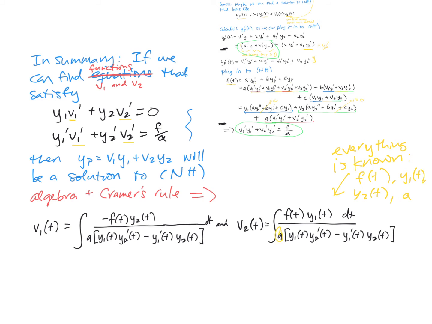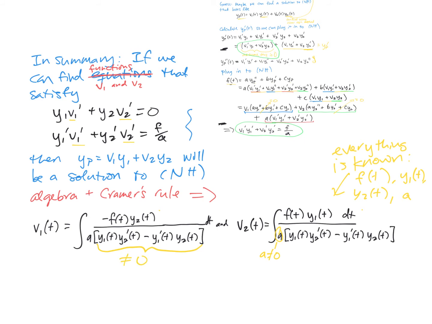And we know we don't have a problem with dividing because we know a is not equal to 0. So this is the same denominator in both of these terms. It's just the numerator that changes. And so this is also not equal to 0.